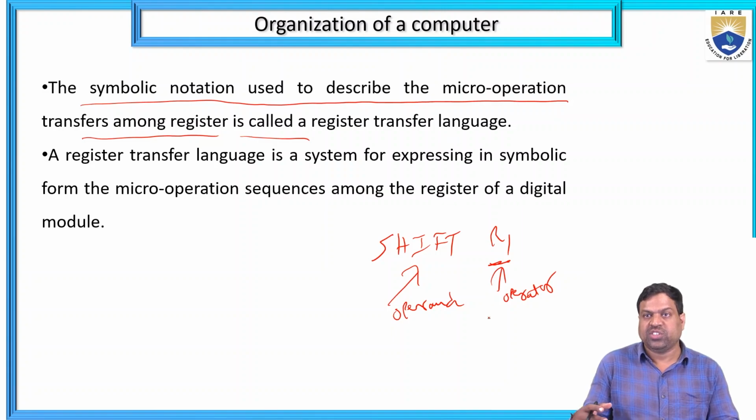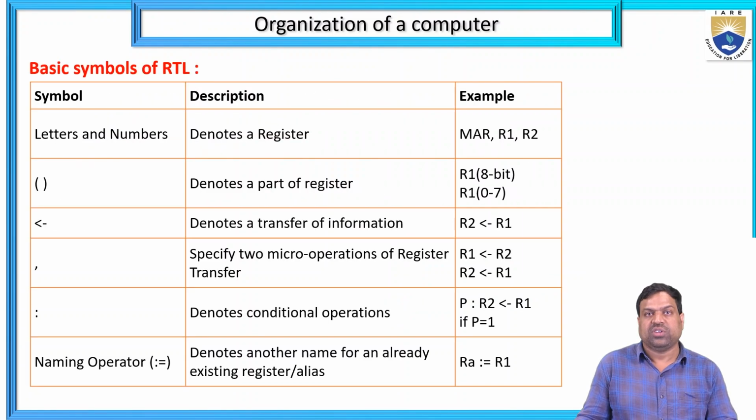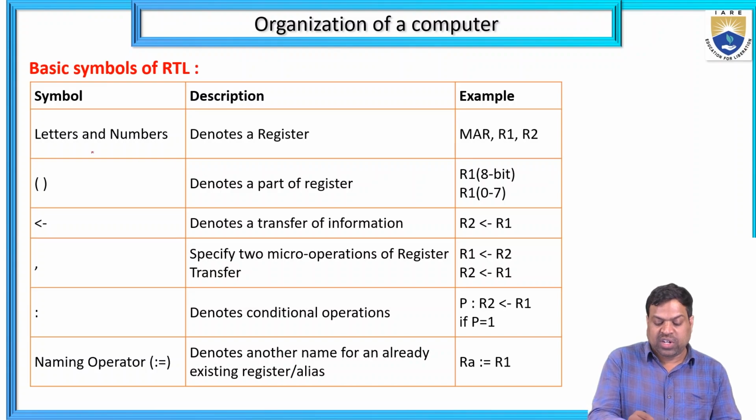Means we are transferring from one register to another. A register transfer language is a system for expressing in symbolic form the micro operation sequences among the registers of a digital module. And what are the basic symbols of register transfer language? First, letters and numbers denote a register.